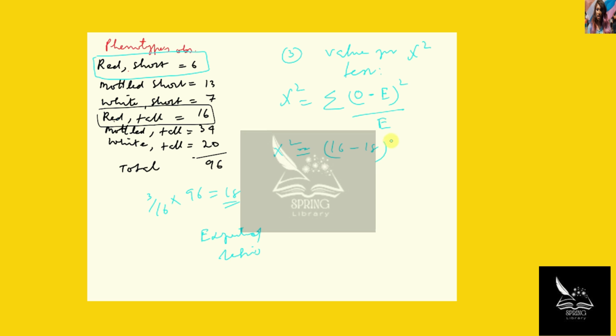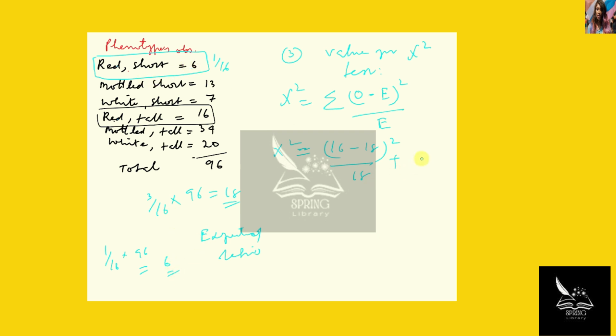So we will square the difference and divide by 18, and we will go on adding. For example, red and short, since its expected ratio is 1/16, 1/16 of 96 is equal to 6, which makes its expected number 6.